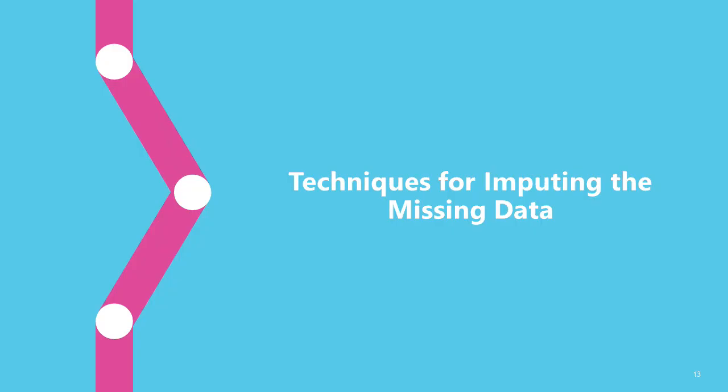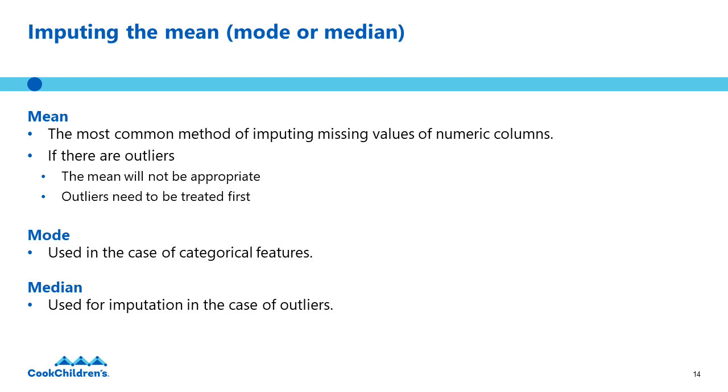So if we don't delete the data, then we can look at some imputation methods. The first one is mean, mode, or median imputation or substitution, depending on your data type. In mean substitution, the mean value of a variable is used in place of the missing data value for that same variable.